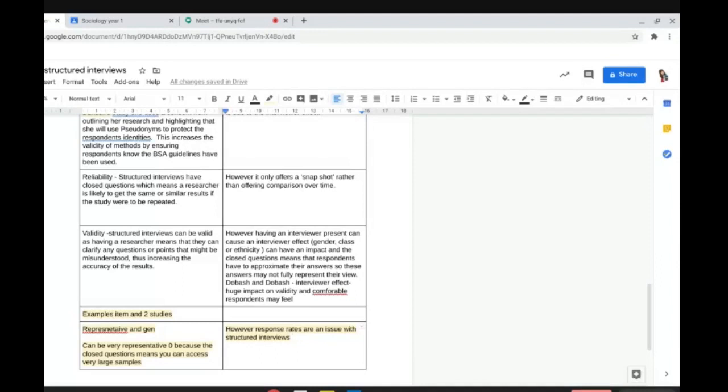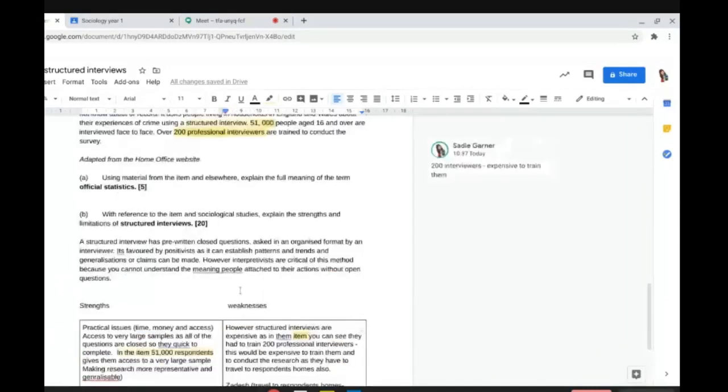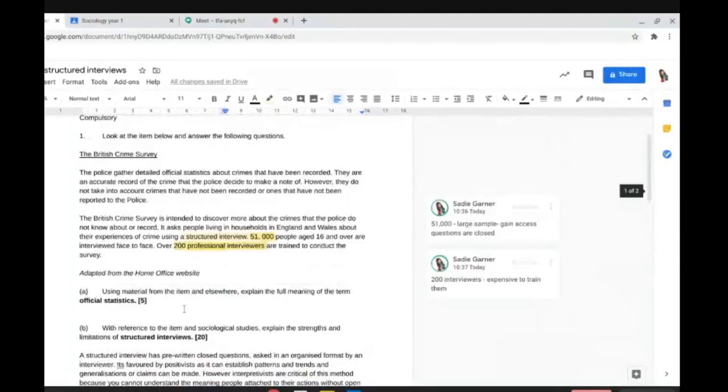It can be one of the 35 markers and you can avoid it, or it can be a 15. On this paper, the official statistics one is definitely a toughie. So you should never panic. There's always a question designed to be a bit more challenging.